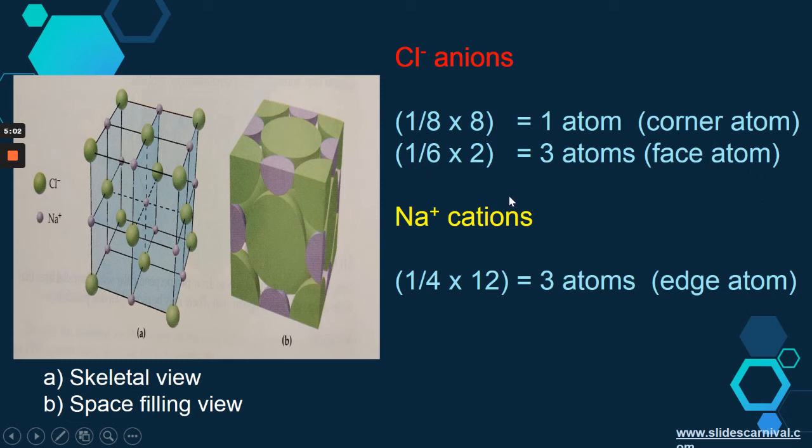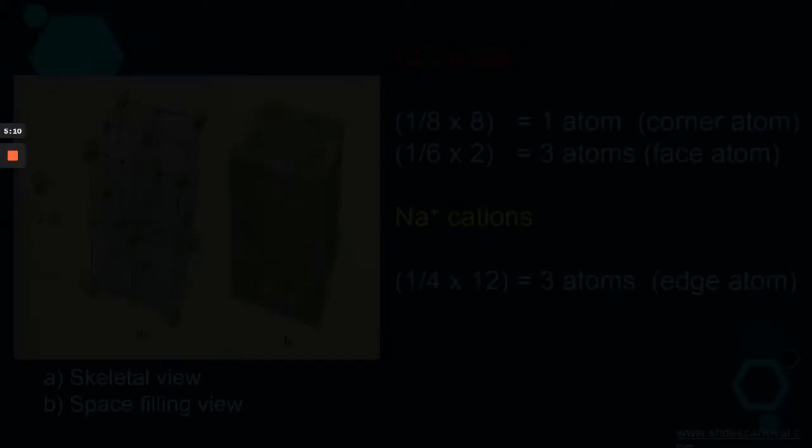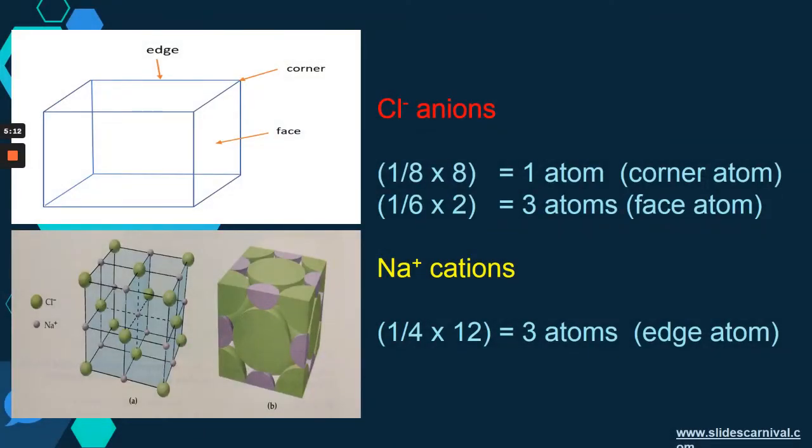And we know for the sodium chloride unit cell, we also have the sodium cations, so we have to calculate the sodium cations too. We know that the sodium cations fit into the holes between the adjacent anions, right?